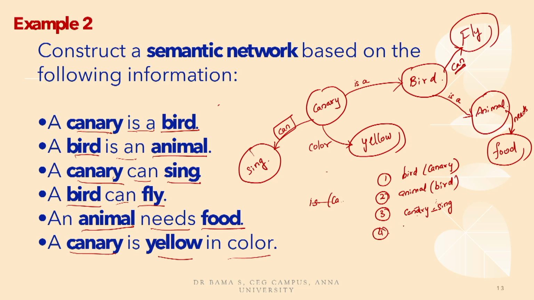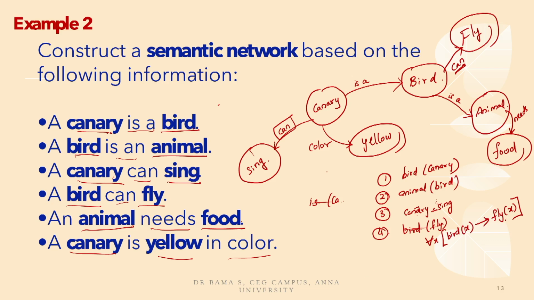Bird can fly. Now, if it is a bird, it can fly. So, it would not be bird or fly. If X is a bird, then it can fly. The representation would be something like this.